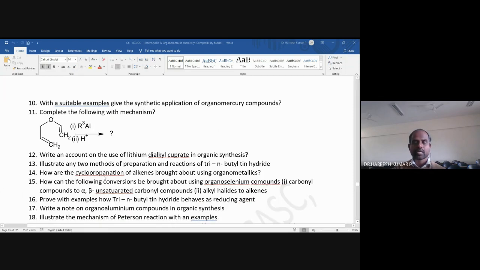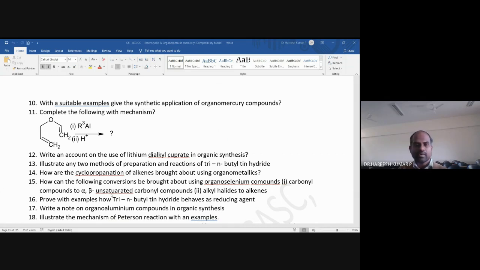How are cyclopropanations of alkenes brought about using organometallics? That means cyclopropanation reactions, right? Organozinc, more particularly Simmons-Smith reactions. Using that you can bring about the cyclopropanation reaction.